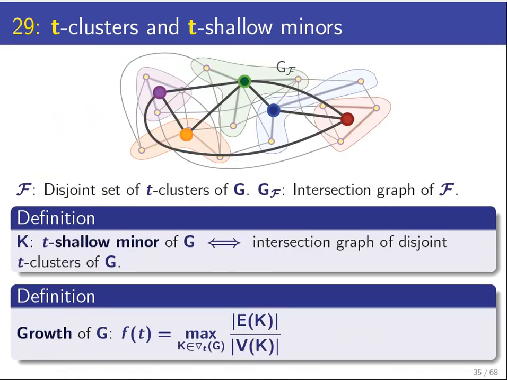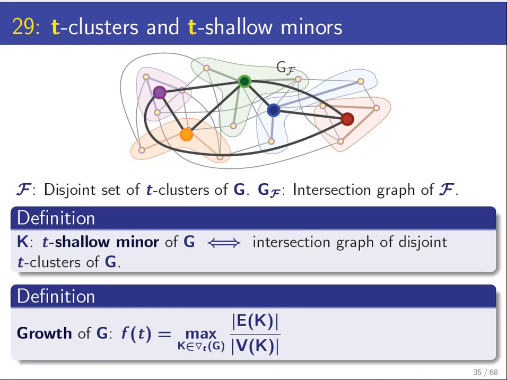So specifically, we are interested in the worst case growth of such a graph. So we look at all possible T-shallow minors. We look at the ratio between their number of edges and number of vertices. This is up to a factor of 2 the average degree in the graph. So we are essentially asking what is the T-shallow minor that has the highest average degree for the given graph, and we define this function to be f of t, right?